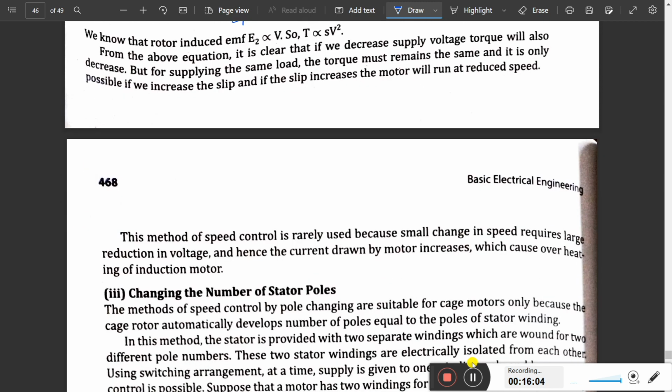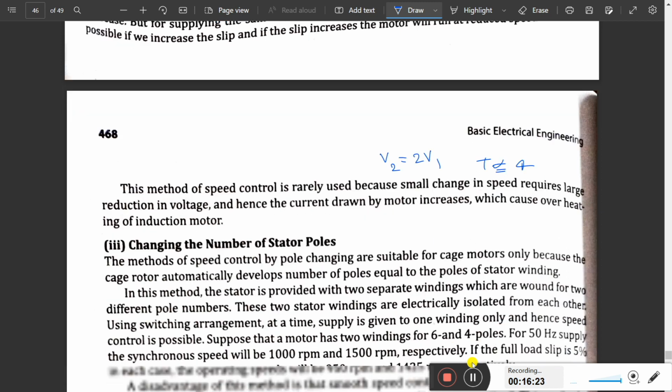This method of speed control is rarely used because for a small change in speed, a large reduction in the supply is required. Hence, the current drawn by the motor increases, which causes overheating. Why? Because if you vary the supply voltage double, then torque increases to around four times.